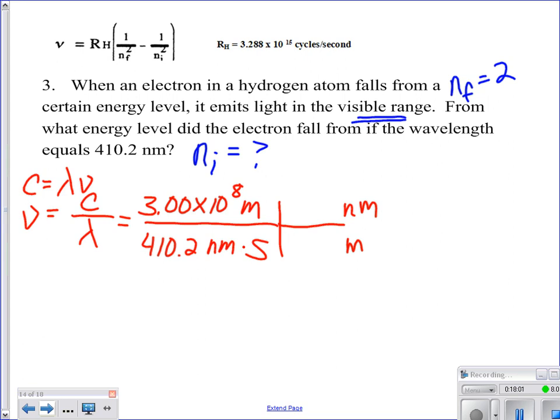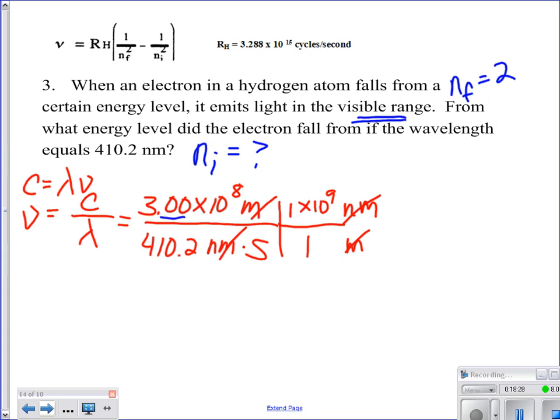How do you do that? Which one's bigger? Meters. One of these big things, 1 times 10 to the 9th of these little things. Bye-bye. They're gone. So you have your answer in 1 over seconds, which is exactly what you would expect for frequency. And we get, let's see here. Actually, on my answer sheet, I've got this as 2.998 instead of the 3.00.